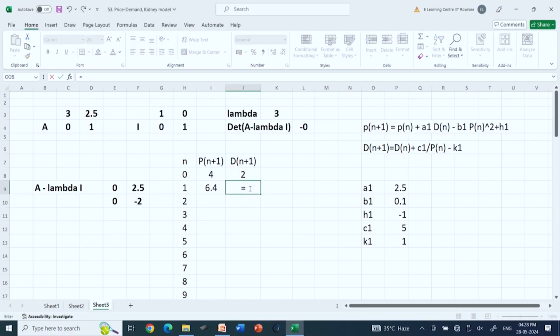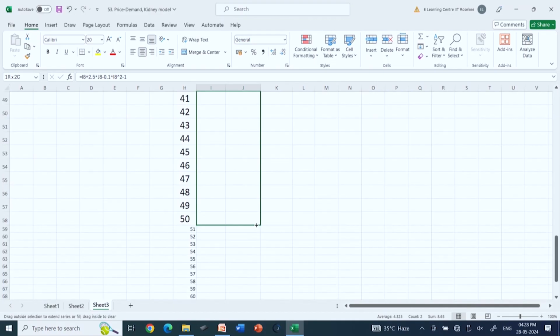And this is equal to Dn, which is this value, plus C1, which is 5, divided by Pn, which is this. Let us put this in a bracket, minus K1, which is 1. Now let's drag this value up to 50.